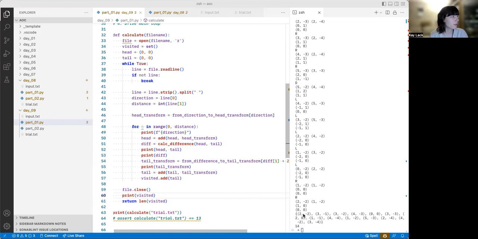So 2 across minus 2, that's right. 3 across minus 1. 0, 1, 2, 3. Minus 1, that's wrong. 3 across minus 2, that's right. 4 across minus 3.